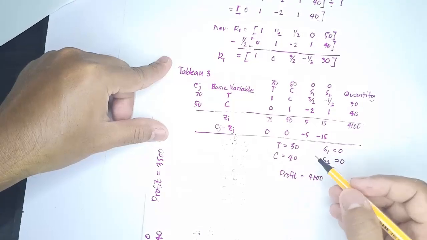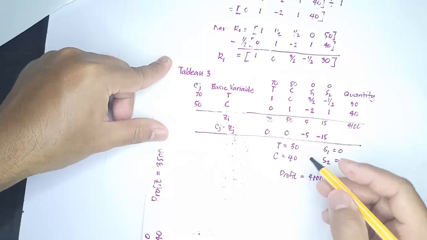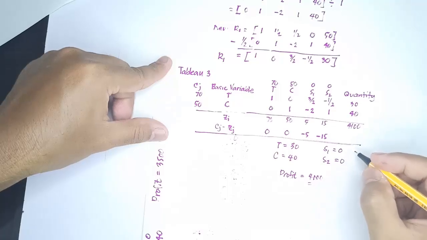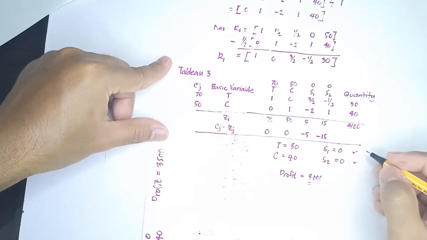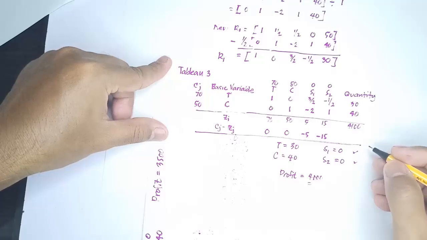The solution implies that if you're going to produce 30 tables and 40 chairs, the profit would be 4,100, and all of the painting and carpentry time are used up since the value of the slack variables are equal to 0. In the next step, we're going to determine if this tableau is optimal.